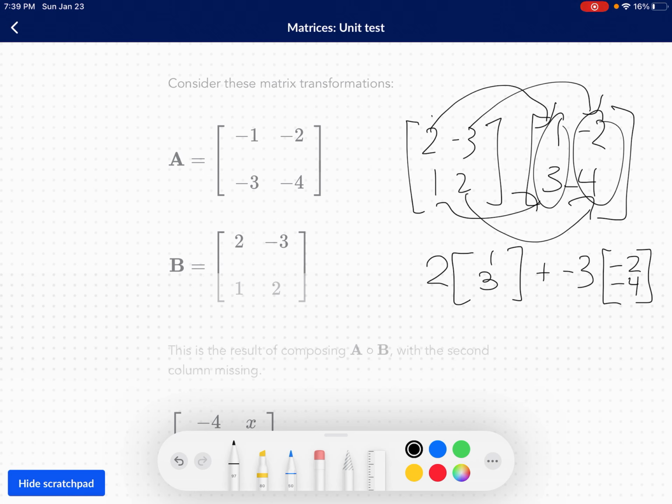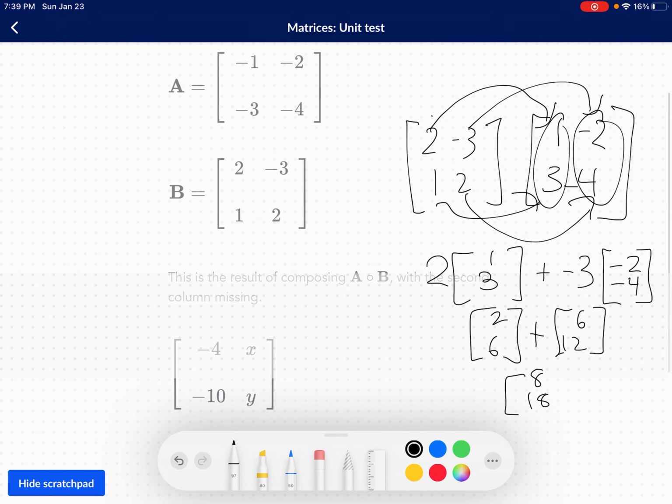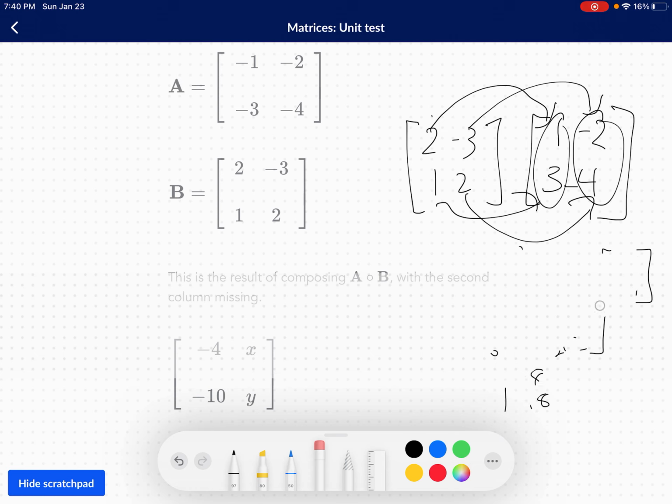Wait, am I missing something? Wait, let me simplify this a bit. So 2, 6 plus 6, 12. That's 8, 18. 8, 18, that's none of the values there. So I might be doing something wrong.